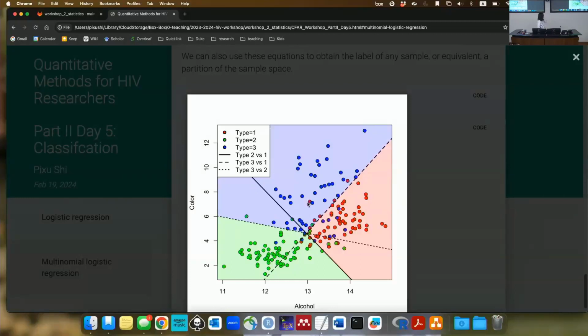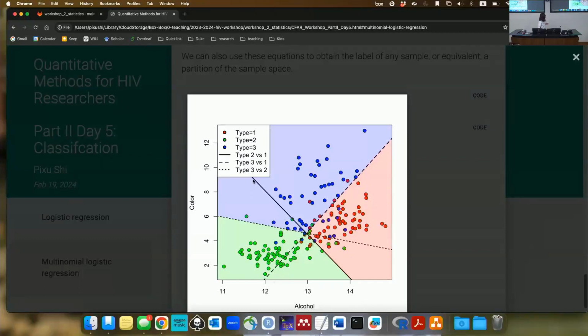The multinomial logistic regression is actually going to draw 3 straight lines. One line is for 2 versus 1. One is for 3 versus 1. One is for 3 versus 2. Using those three lines, you are going to divide the whole space into 3 parts. And each part corresponds to one label.